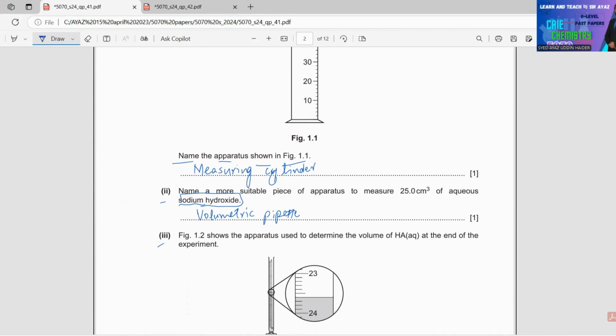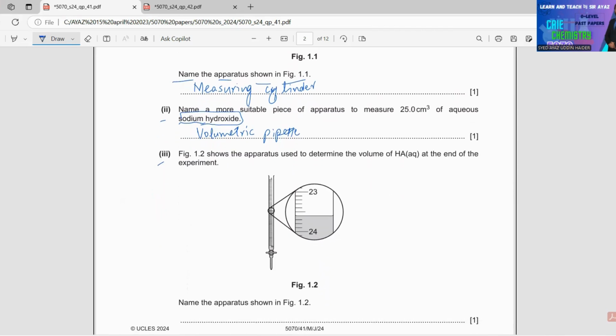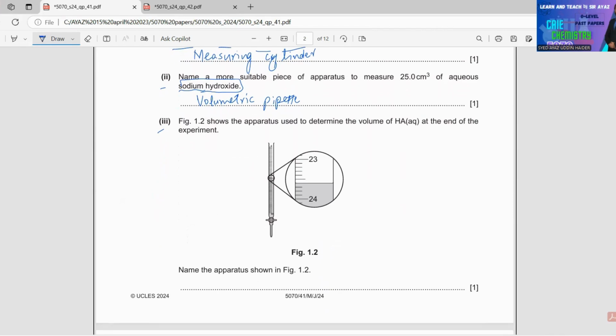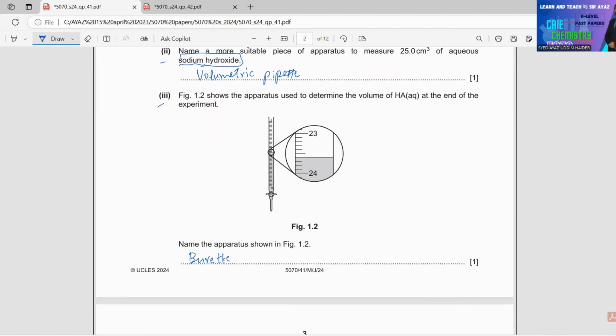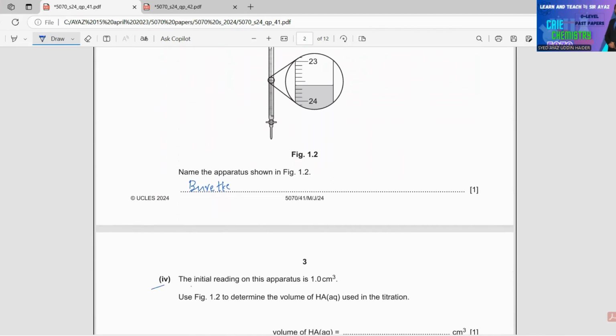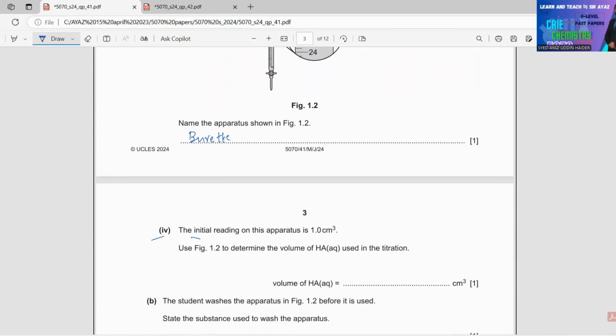Figure 1.2 shows the apparatus used to determine the volume of HA aqueous at the end of the experiment. Name the apparatus shown in figure 1.2. Now see, this is the burette. It's also used in titration. It's burette. The initial reading on this apparatus is 1 centimeter cube. Use figure 1.2 to determine the volume of HA aqueous used in the titration.